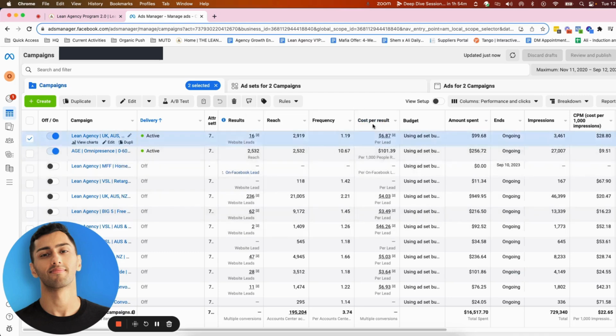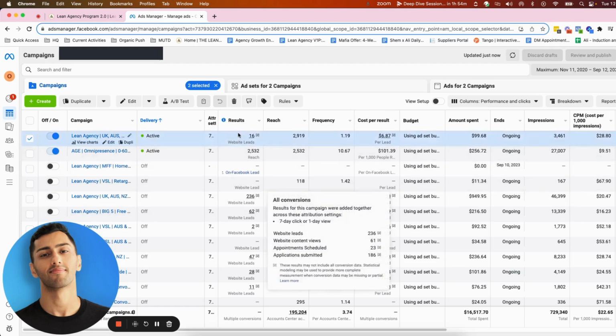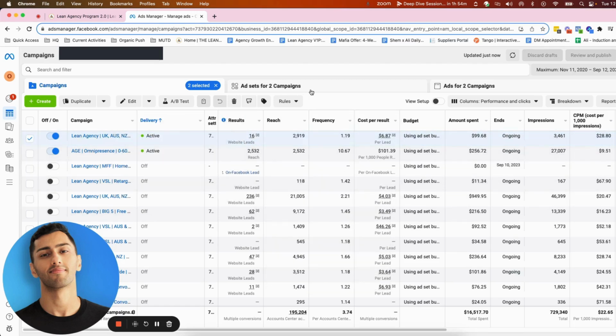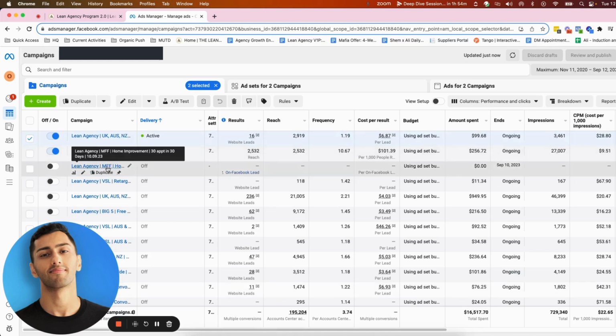Okay, so the CPL at this point, because the results here are leads. So the number of leads and the CPL pretty much dictate the overall well-being of your campaign. But it doesn't really show me more than that, right? I have 3 ad sets basically in this campaign, and under each ad set, I have 3 ads, right? You remember how we set this up?